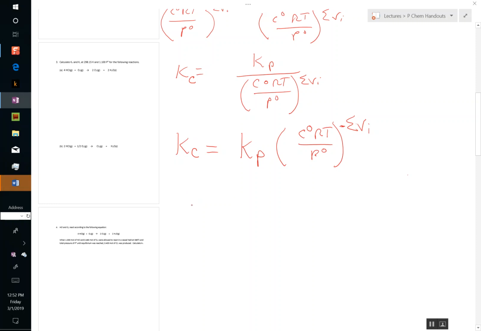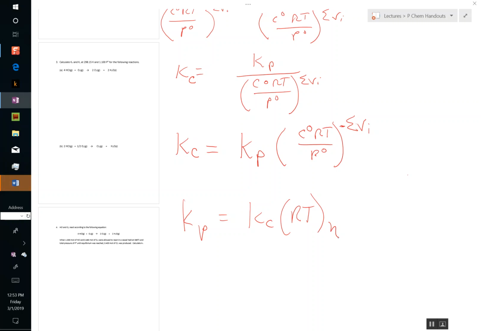I wish I had the handout right in front of me right now, but they had Kp equals, so don't worry too much about it. We're not going to work off of this, but there is an important but slight typographical error. That should be an exponent.